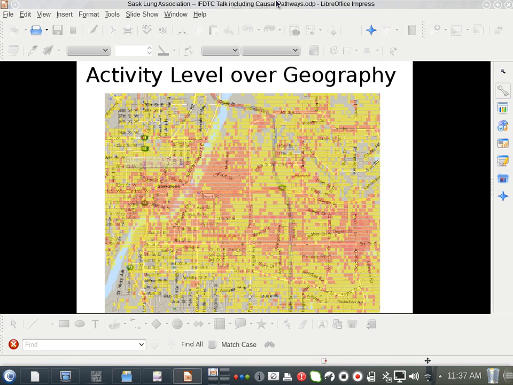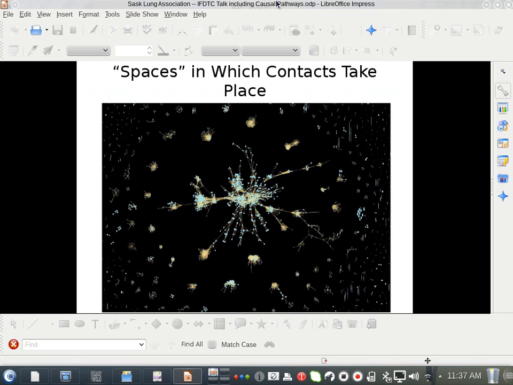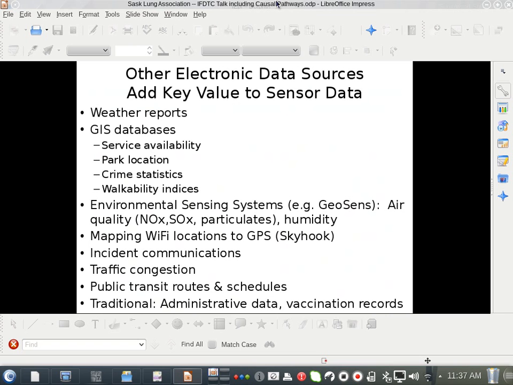We can cross-link data about activity with space, for example, to find out where physical activity is taking place, or capture where people's social contacts take place in the course of a day, the spaces in which they're encountering other participants and other non-participants as recognized by other phones in the area.